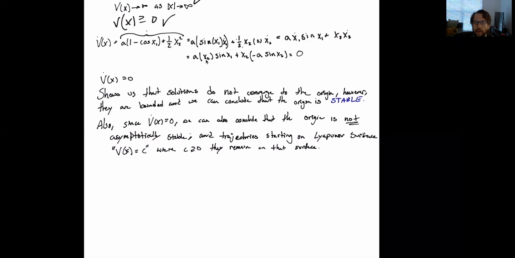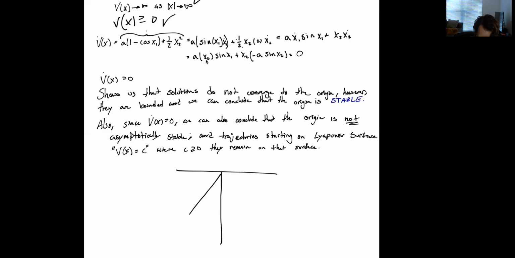Likewise, if you start at some position offset from 0, say theta, then because there are no frictional forces, you're going to oscillate between those two positions forever without dissipating any energy.